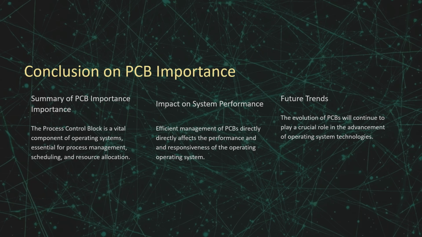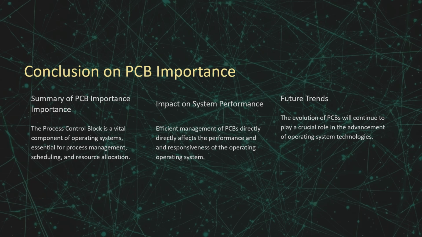Let's conclude it. Conclusion on PCB importance. Summary of PCB importance. The process control block is a vital component of the operating system, essential for process management, scheduling, and resource allocation. Impact on system performance.